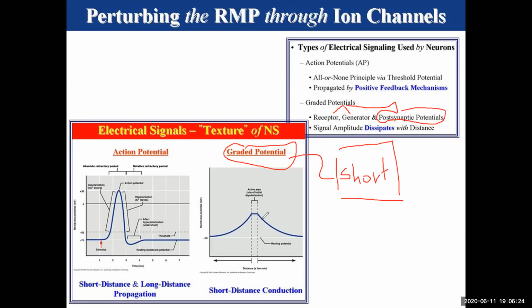So that's its objective, its destination of all graded potential, especially the postsynaptic potential. Once it is generated, it has one singular objective, and that singular objective is I need to get to the axon hillock of the neuron.